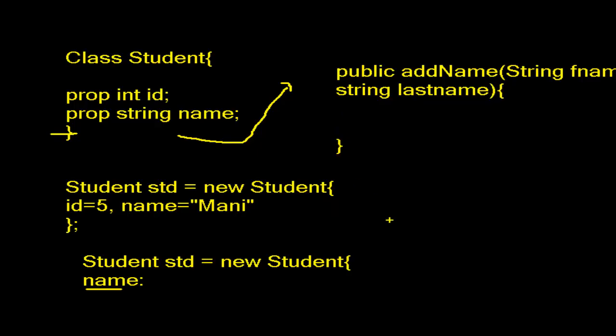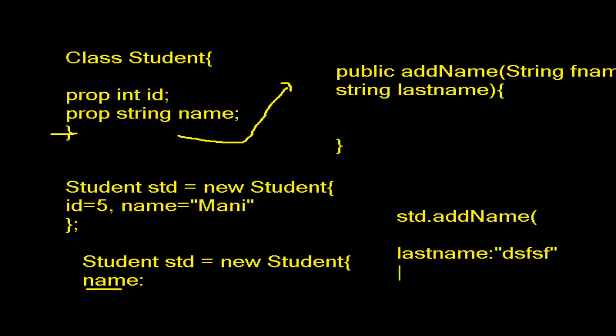If you want to call this method, say std.AddName, you can say that I am first supplying you the last name, put a colon, and then supply the name, then put a comma, then you say firstName, and then supply something.